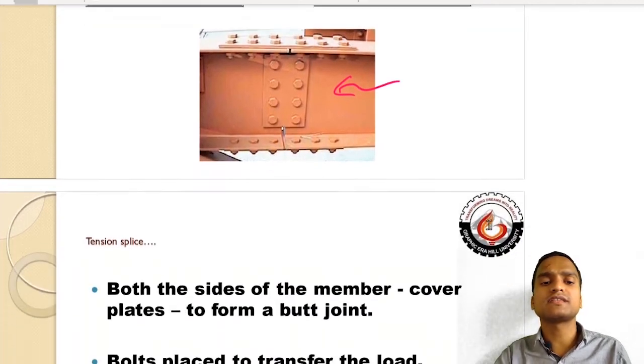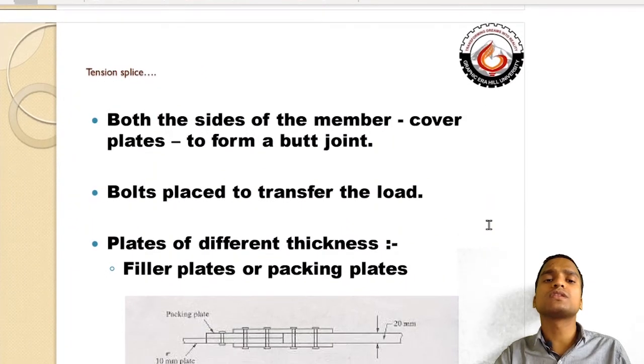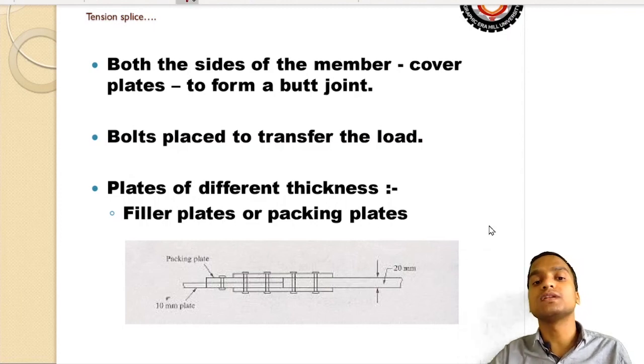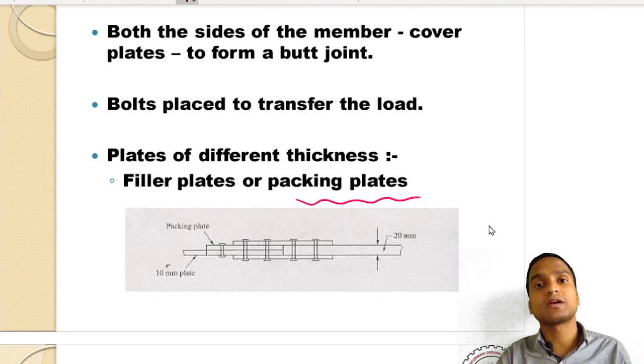Okay. So in tension splice, both the sides of the member act as a cover plate to form a butt joint. Here bolts are placed to transfer the load, and if the tensile members are of different thicknesses, then we also use filler plates or packing plates, and in such a case we have discussed the use of reduction factor beta pk.